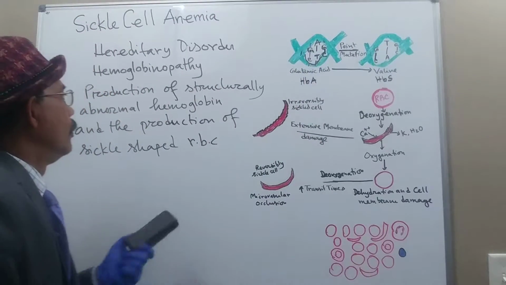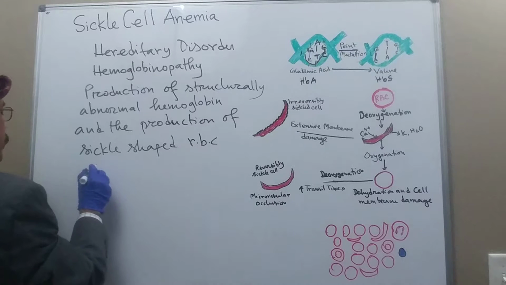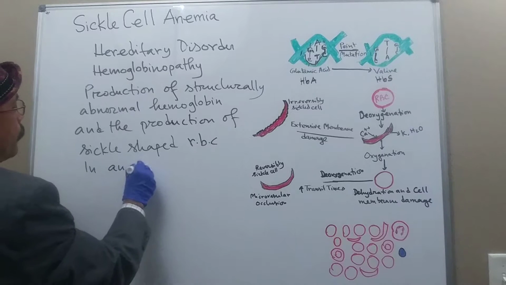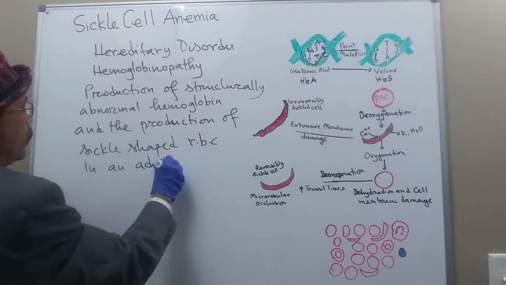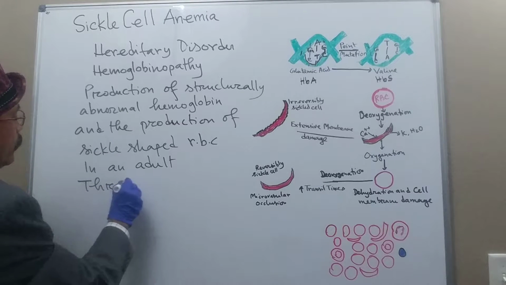In an adult we have three types of hemoglobin.